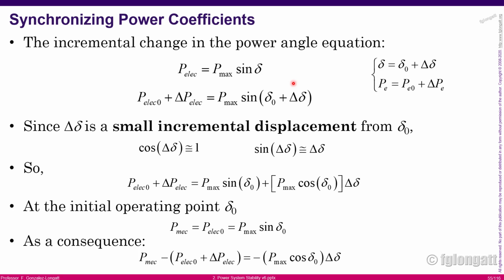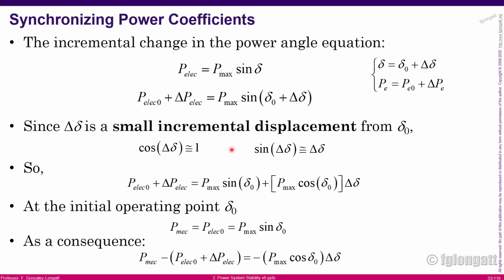That sum can be expanded using trigonometric functions. The sine of the sum is equal to sine times cosine plus cosine times sine. You must remember that from Mathematics 101. If the incremental displacement is very small, we can make two assumptions.